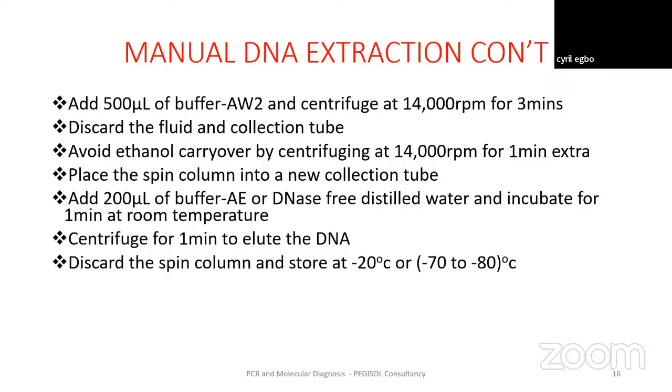Then you centrifuge for a minute to elute the DNA. Then after which you now discard the spin column, and the collection tube now has your eluate, which is regarded as your DNA template.